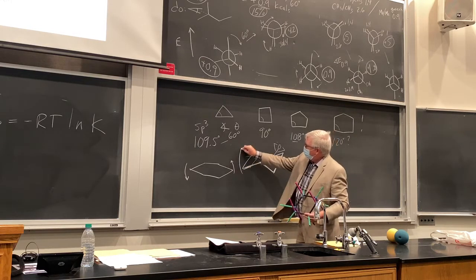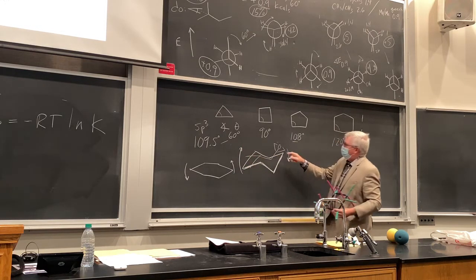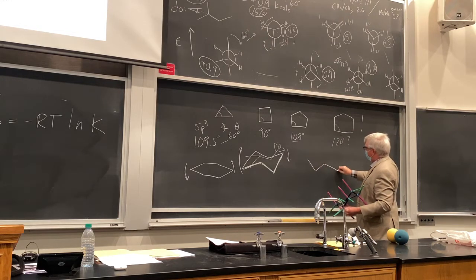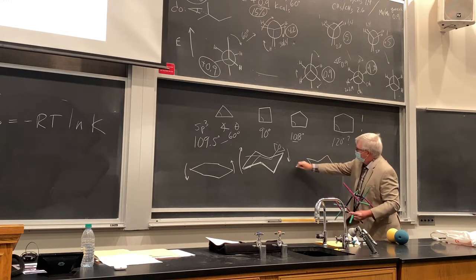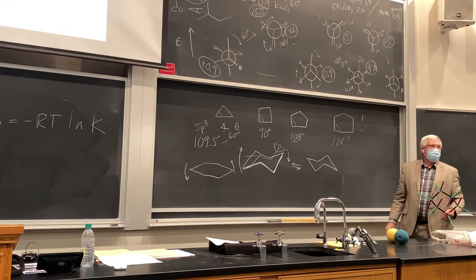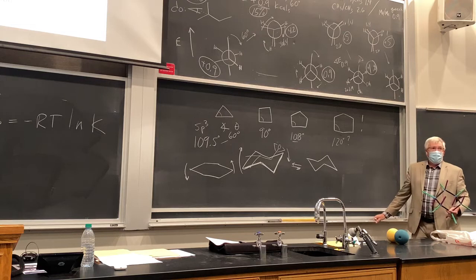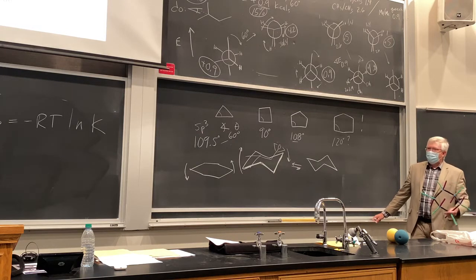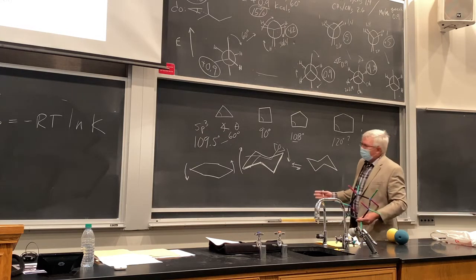Well, we could pull this one up and push this one down. The guy will fly off the chair, right? But it'll look like this then. Okay. These are actually in equilibrium with each other. There's a barrier of about 10 kcal per mole between those two conformations. But for cyclohexane itself, they look the same, don't they? Who really cares? It's just going back and forth there.